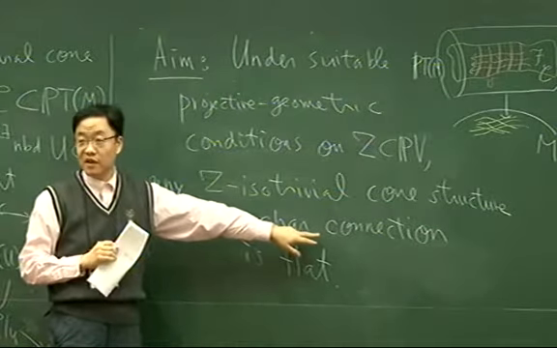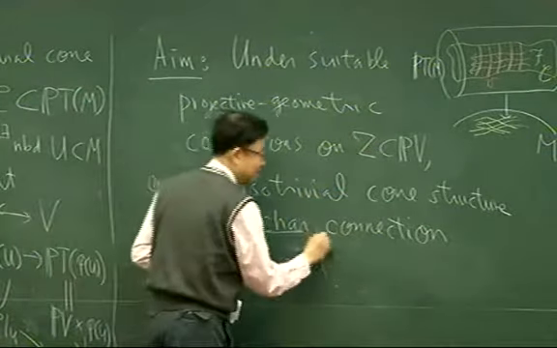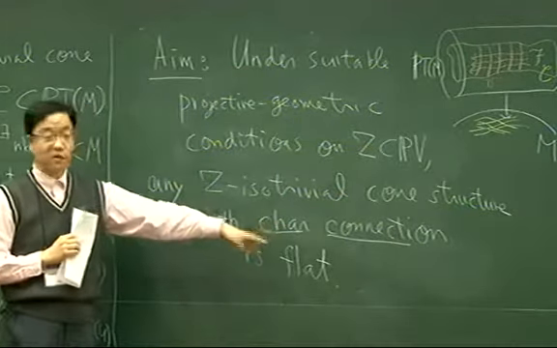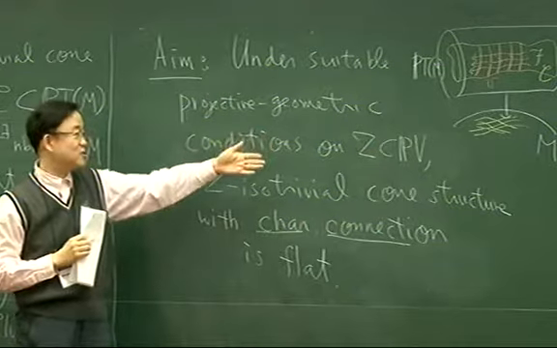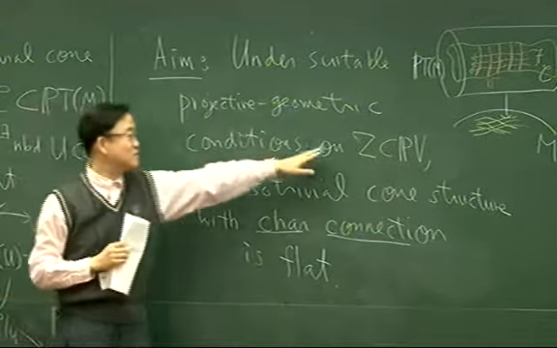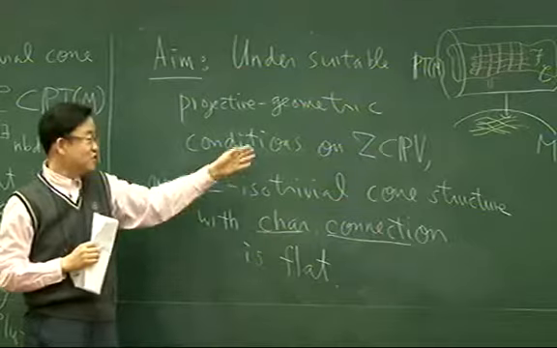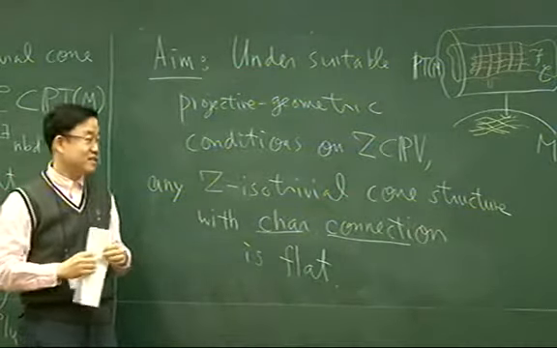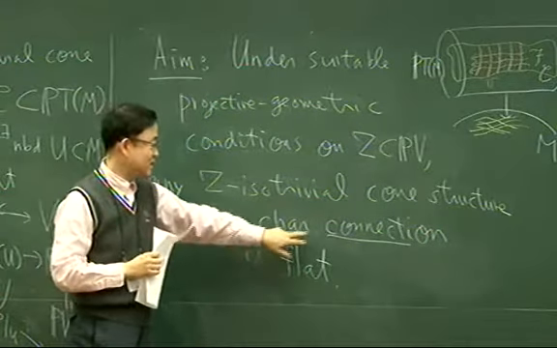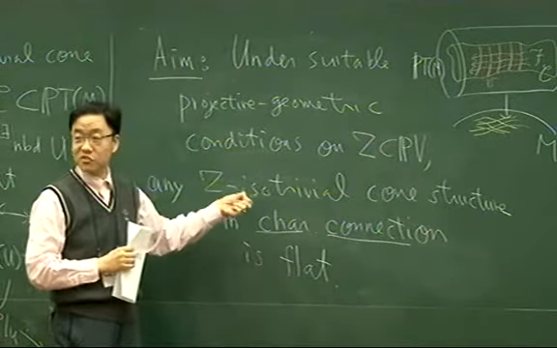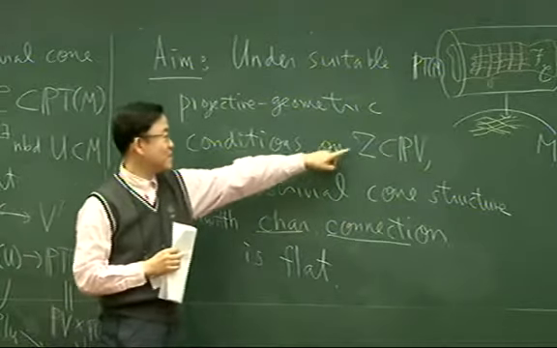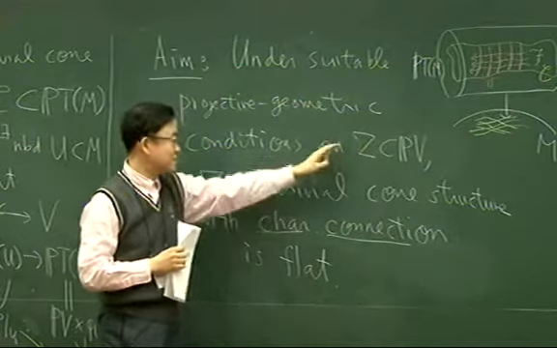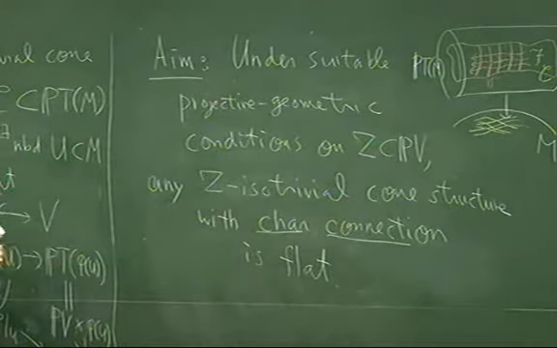a characteristic connection. And this means that the existence of a characteristic connection is a very strong condition, because for any G, you can always locally produce a G isotrivial cone structure which is not flat. You can just arrange that. So the existence of a characteristic connection is a kind of strong restriction. And under some restriction on the projective geometry, you automatically get flatness.